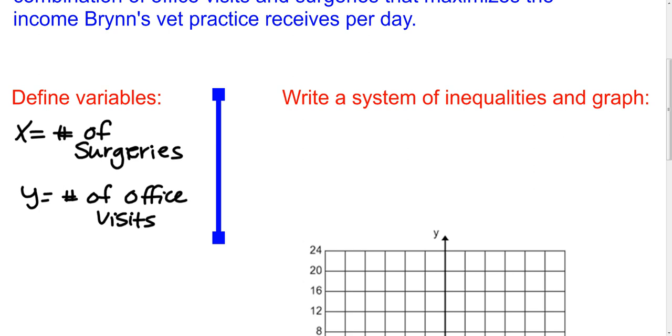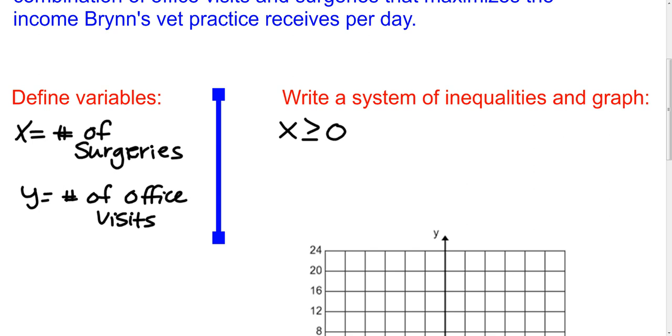All right. Then we're going to come up with some restrictions that will happen every time we do this, okay? I will tell you, first of all, there's two things that almost always, when you do a linear programming problem, two inequalities that you're going to write almost every time. One of them would be X is greater than or equal to 0. Typically, no matter what X stands for, you can't have a negative number of it. So in this case, X is surgeries. I can't have a negative number of surgeries.